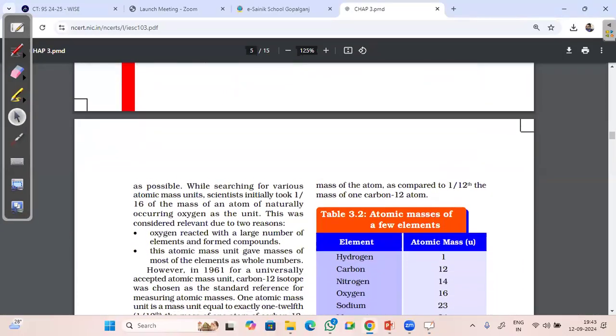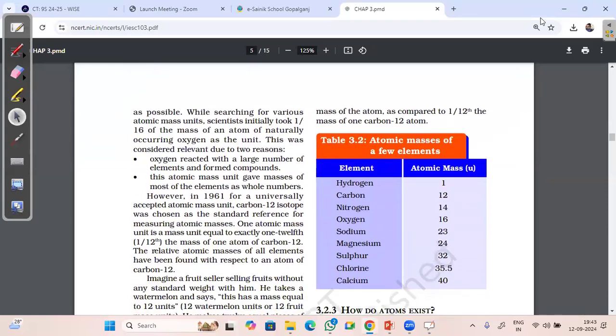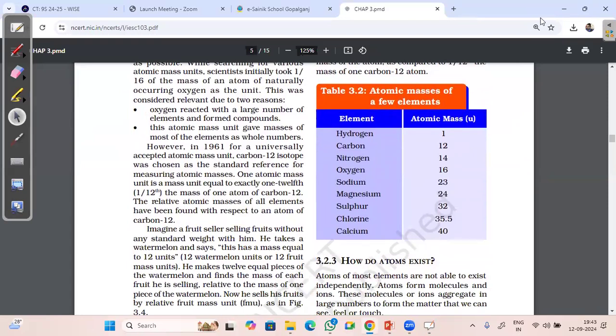Okay, now see the next is atomic masses of the elements. A few of them you should be able to remember, and it's not that you are going to mug it up. With use you will be able to remember the atomic mass of a few elements.